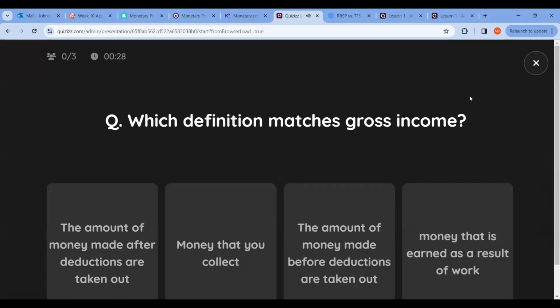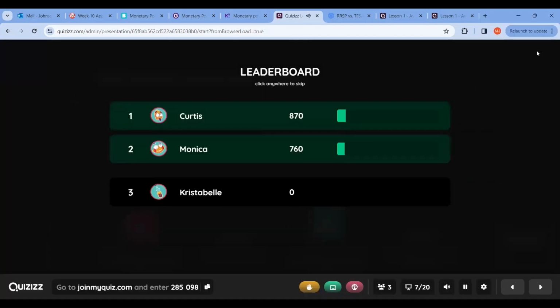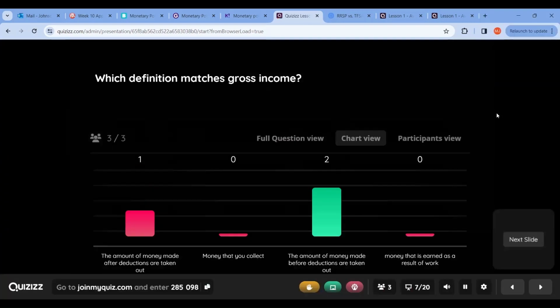So which definition matches gross income? So the amount of money made before deductions are taken out.